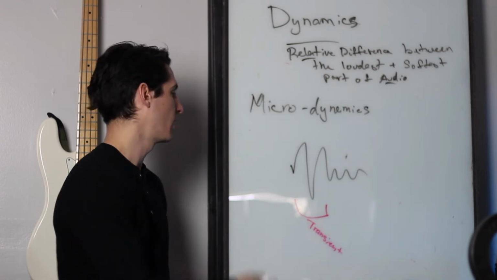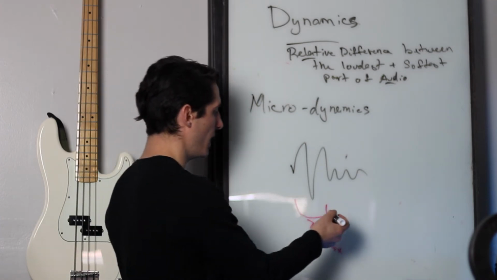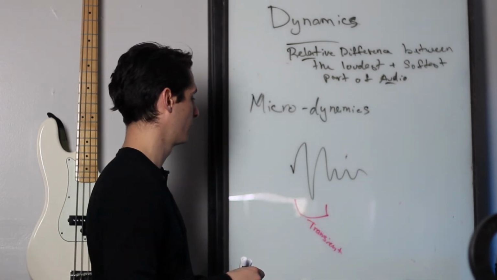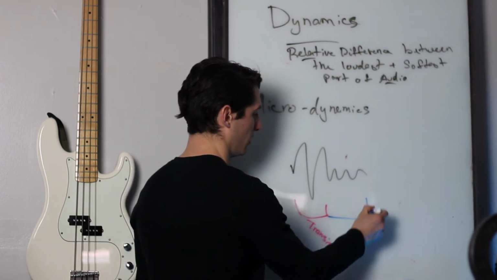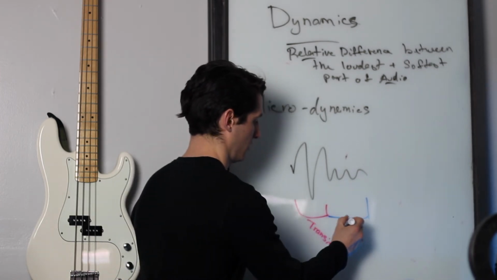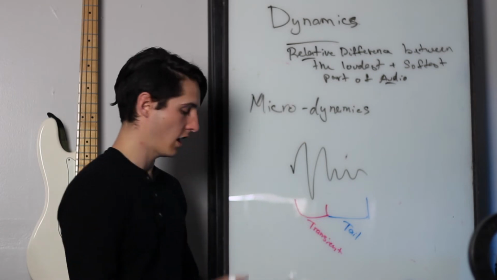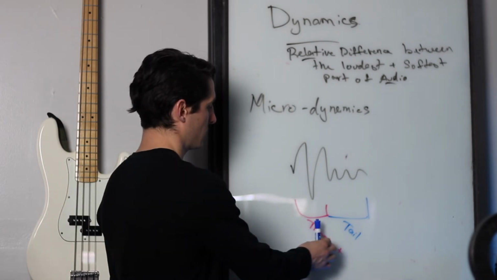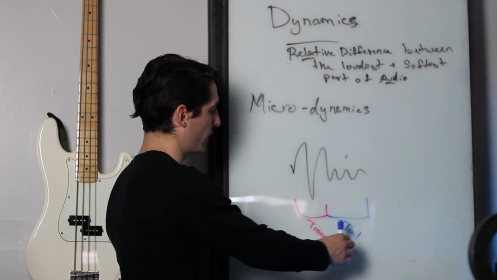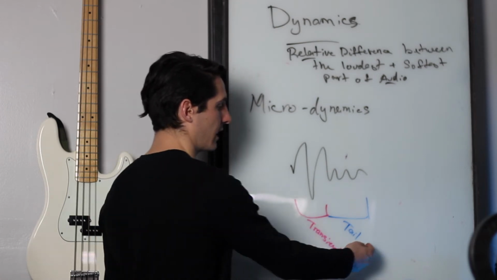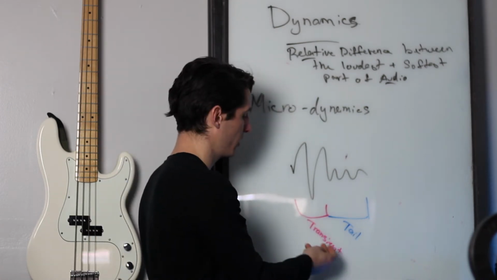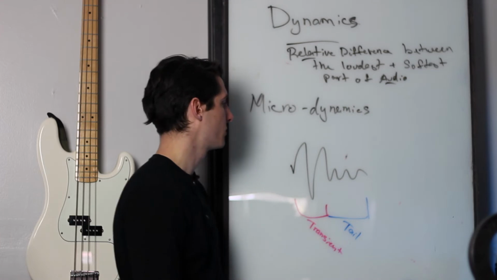It's the initial attack of the note. We also have the tail of the note. Normally the transient is really short right up front, and the tail's longer. The tail gives pitch information, and the transient gives rhythm information to the human.